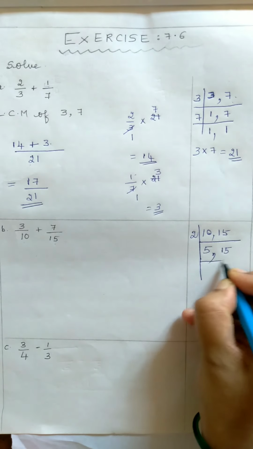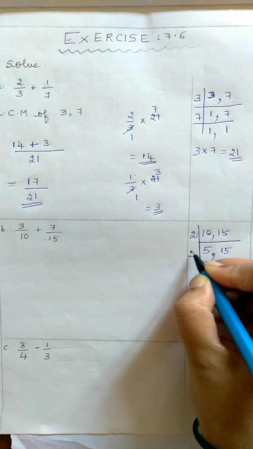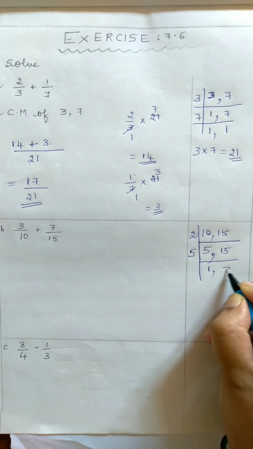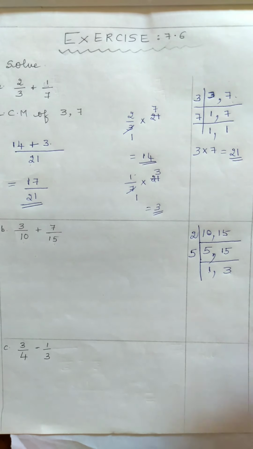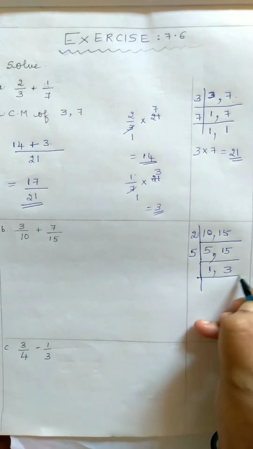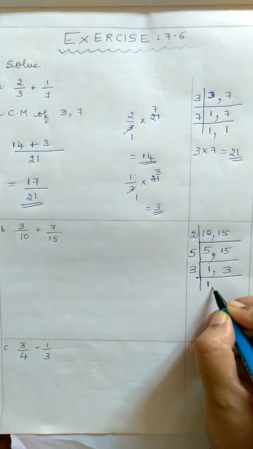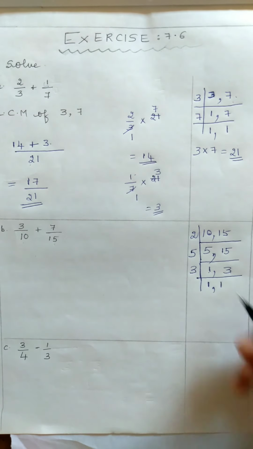Now we know 5 comma 15. Both are divisible by another prime number that is 5. So, 5 ones are 5 and 5 3s are 15. We have 1 comma 3. Now it is divisible by 3 and 1 right as it is and 3. 3 ones are 3.